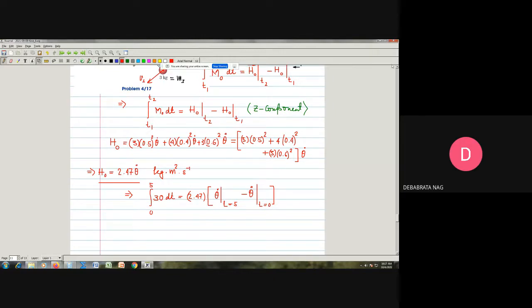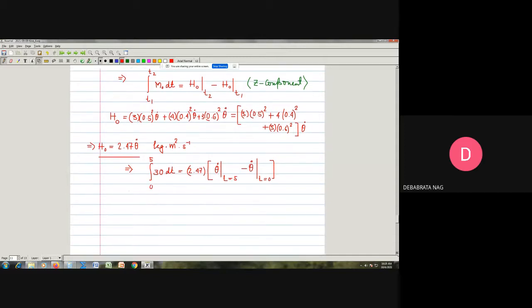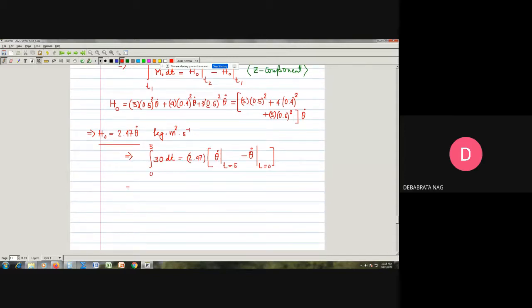But if the angular velocity were acting in the opposite direction to the moment, then we need to consider theta dot at t equal to 0 as minus, because the moment is clockwise and the angular velocity is anti-clockwise. When there is this mismatch of senses, we need to be very careful and allocate the respective signs. In our case it is simple, so we do not have to bother.